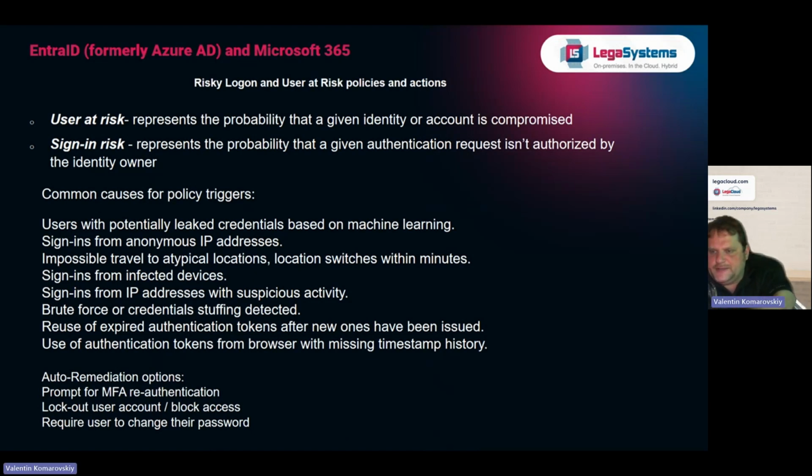And common causes are potential leaked credentials, sign-ins from anonymous IP addresses, impossible travel or atypical locations, sign-in from known infected devices or known IPs with suspicious activity, brute force or credential stuffing.